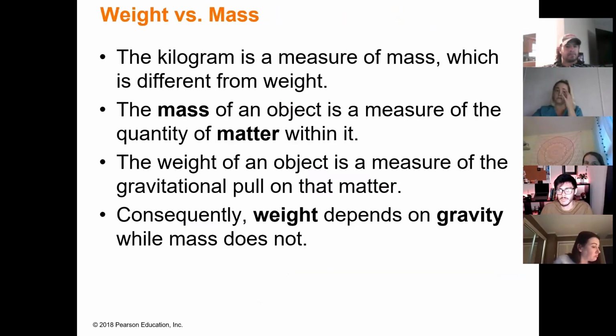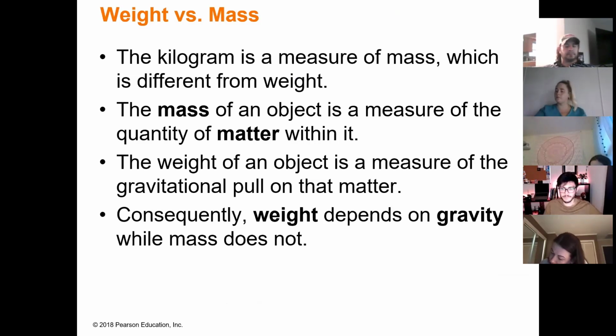One thing to note, what's the difference between weight versus mass? A kilogram is a measure of mass, which is different than weight, which would be in pounds. Mass is the amount of matter contained within an object. Like how many atoms, how much stuff does it have? Weight, on the other hand, is the effect of gravity on that specific amount of matter.